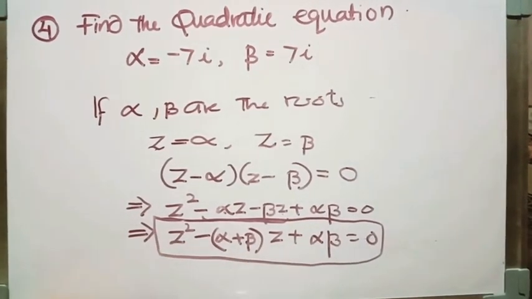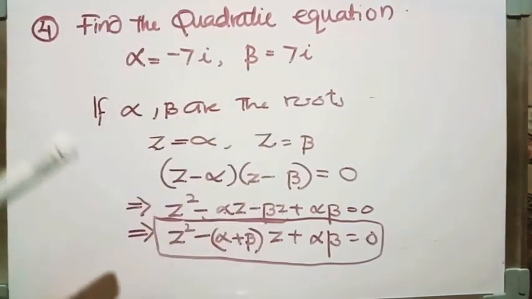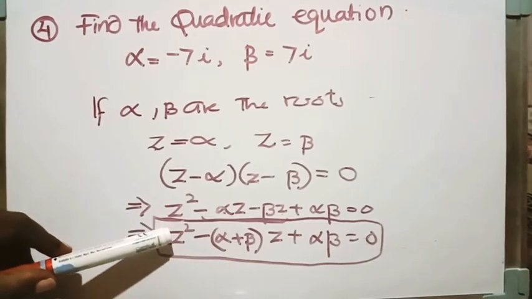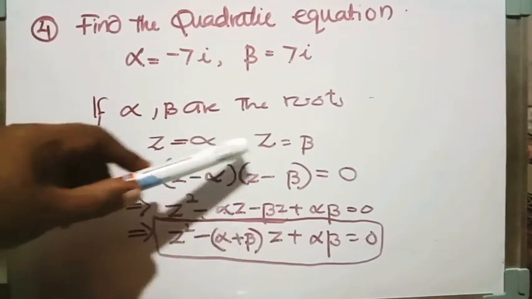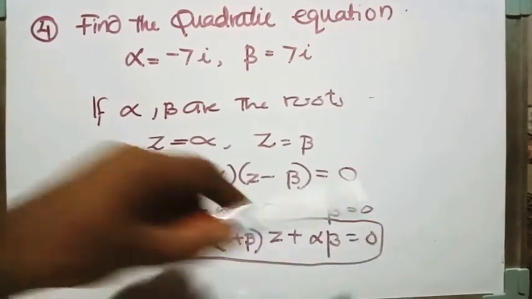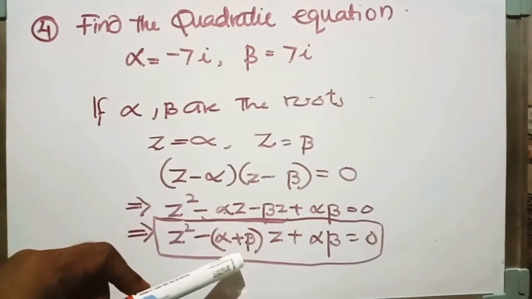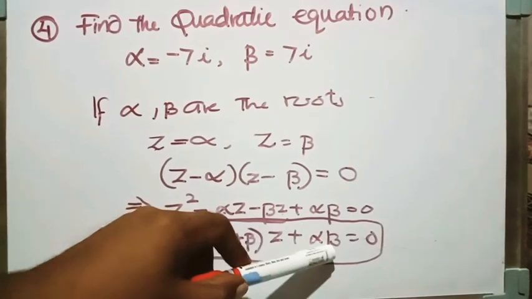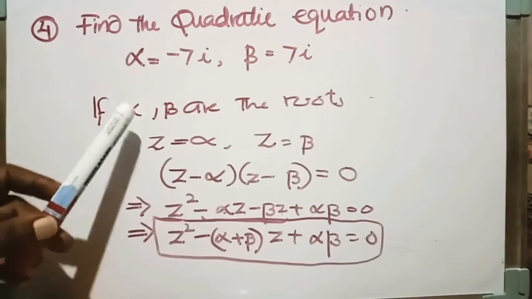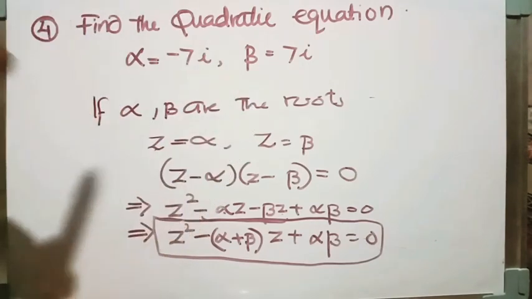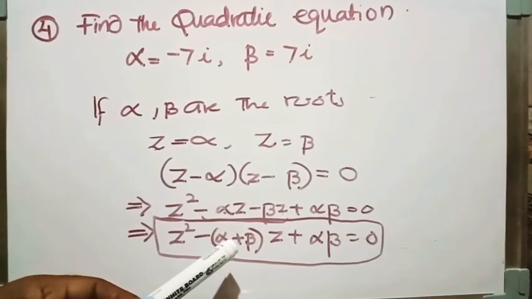And that formula states that if alpha and beta are the roots of a quadratic equation, then the quadratic equation will be z squared minus (alpha plus beta) z, that is the sum of the roots, plus the product of the roots, is equal to 0. Remember splitting the middle term: the middle term must be the sum and the last term should be the product. That's the same thing. Once again, this is not only for complex numbers, this is applicable for the whole number system.